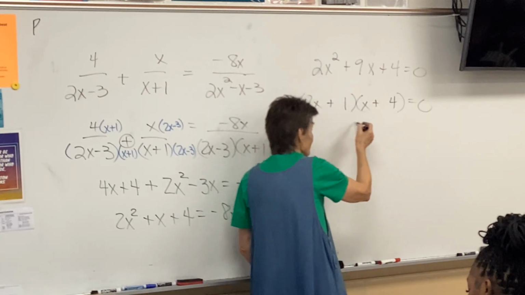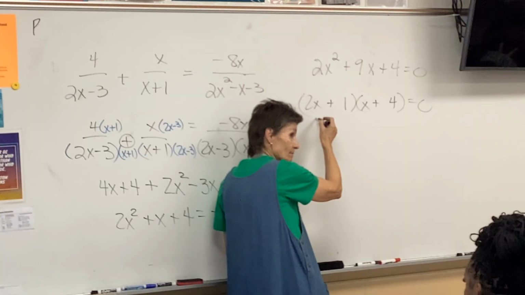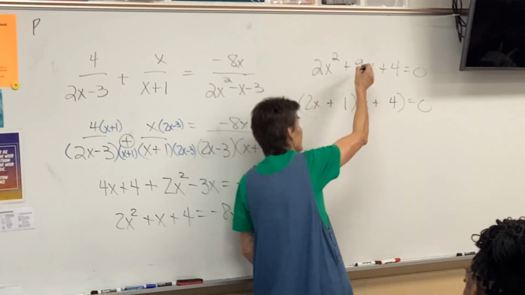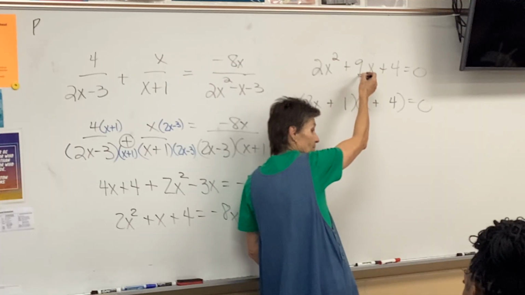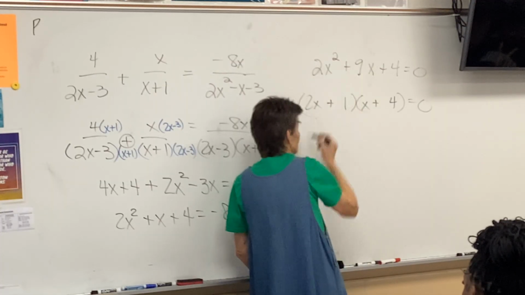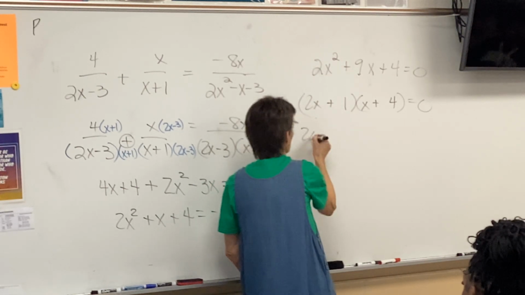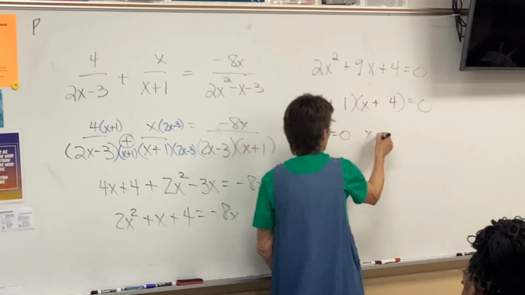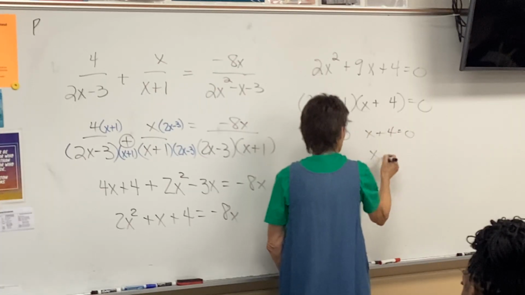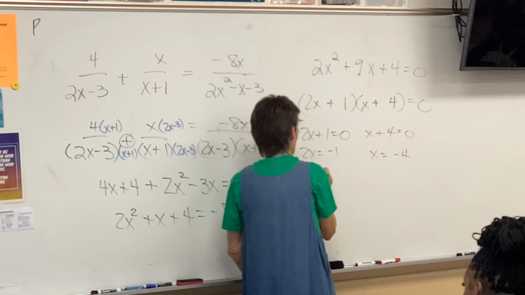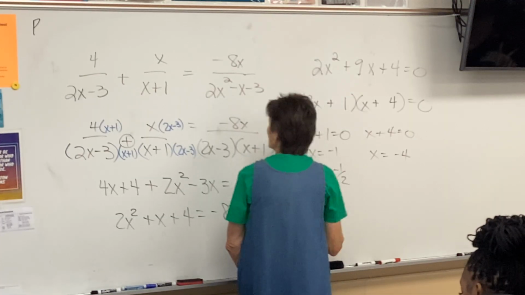So that would give me 8, and this would give me 1, and that's how I get the 9. So 2x plus 1 equals 0, x plus 4 equals 0. Looks like x equals negative 4, and x equals negative 1/2.